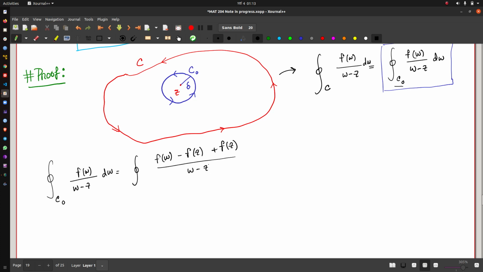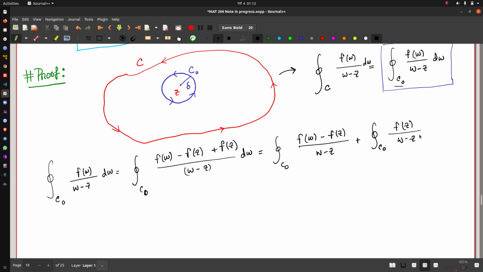Then we can break these parts, and we will have the integral over C0 of f of w minus f of z divided by w minus z dw, plus another contour integral, because integration is a linear operator, of f of z over w minus z dw.